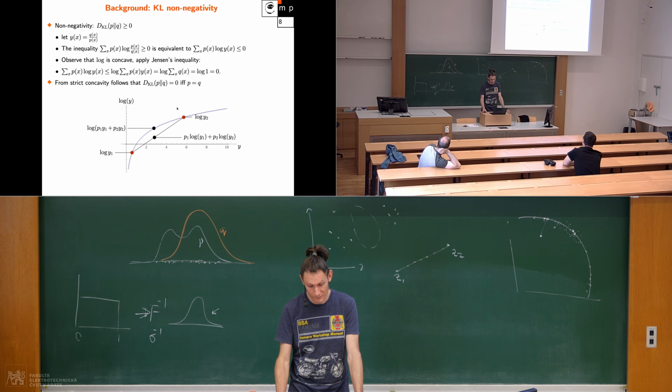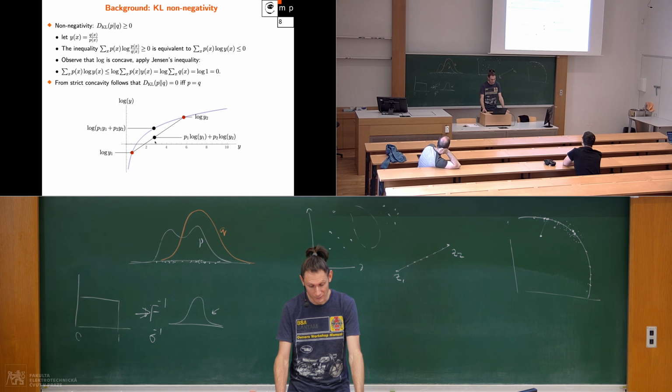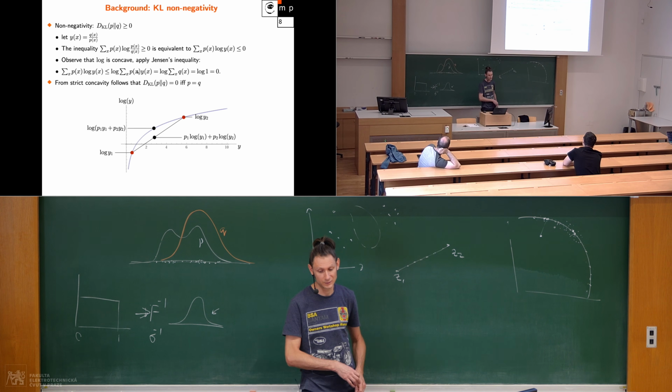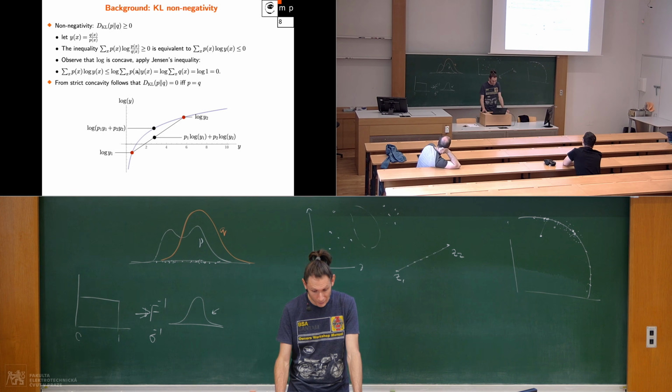But the logarithm is a concave function, and so it must lie above this chord, above this line. And so the logarithm of this convex combination is above here. So this is Jensen's inequality for concave functions. Sorry, the logarithm is concave. So we have this inequality due to the concavity of the logarithm, that's called Jensen's inequality.